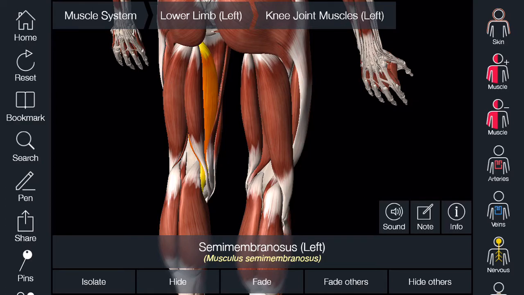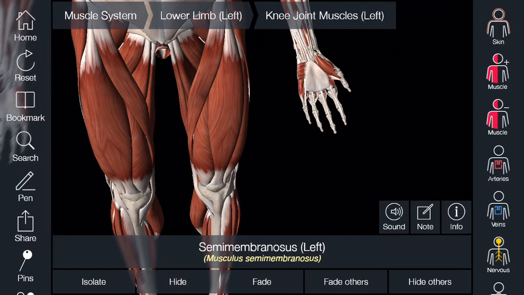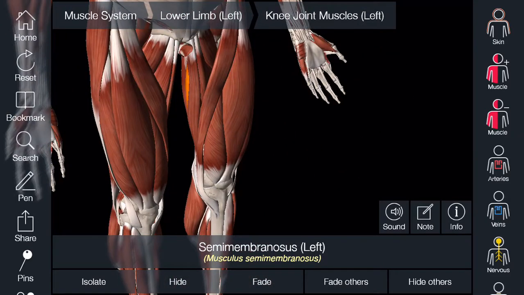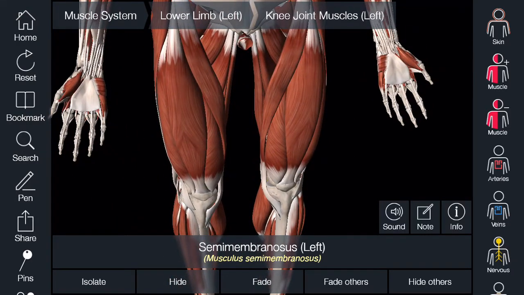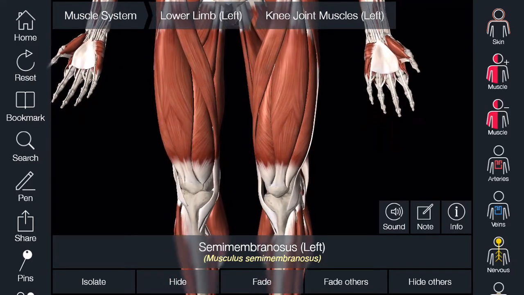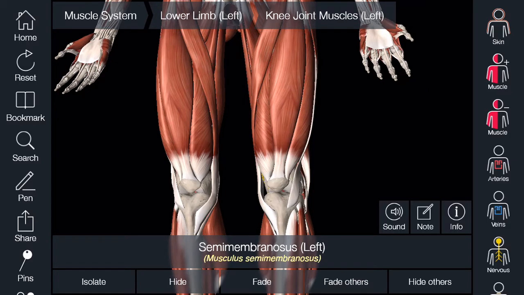Next up, we have the vastus medialis, intermedius, and lateralis, otherwise known as three of the four muscles of your quadricep. Let's move the guy here. As the names would suggest, the lateral is the vastus lateralis. The one on the inside, medial, is the vastus medialis.